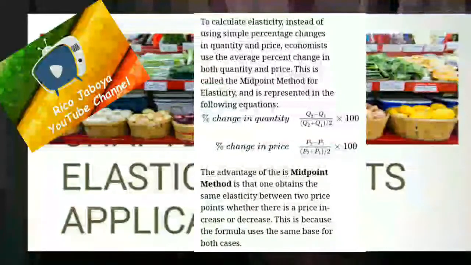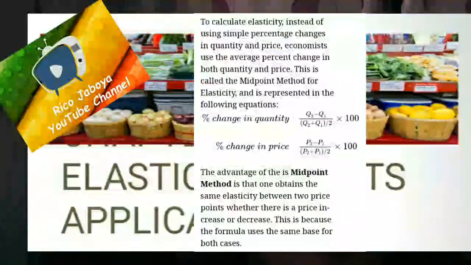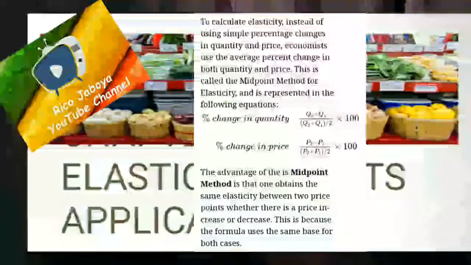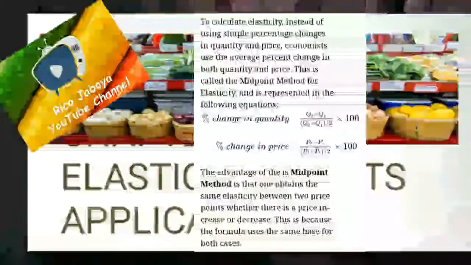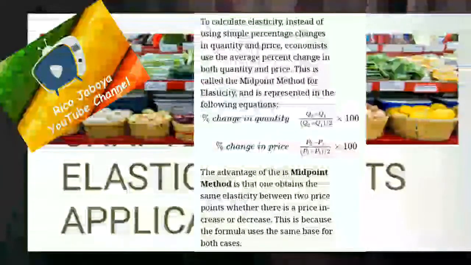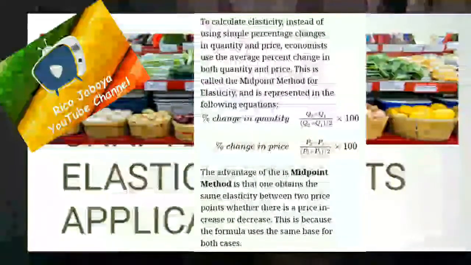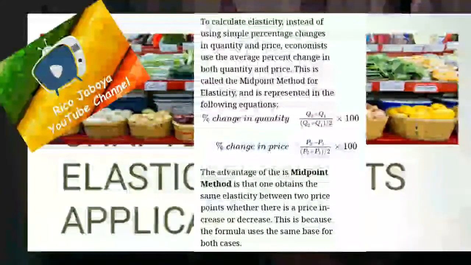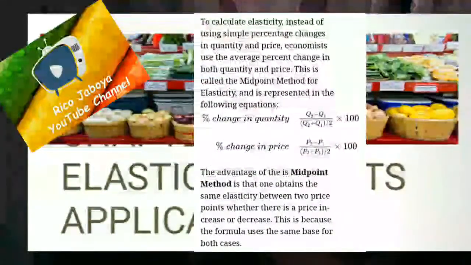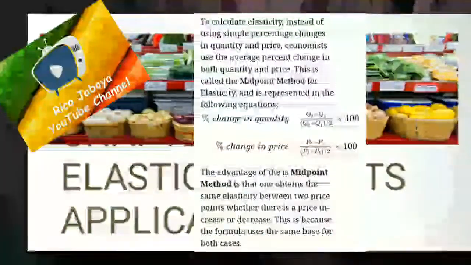Look at the equation. First, let's go to the percentage change in quantity. Q2 less Q1, where Q1 is the original quantity and Q2 is the new quantity. Divide that by Q2 plus Q1. You will get the answer first, then divide it by 2, then multiply it by 100.